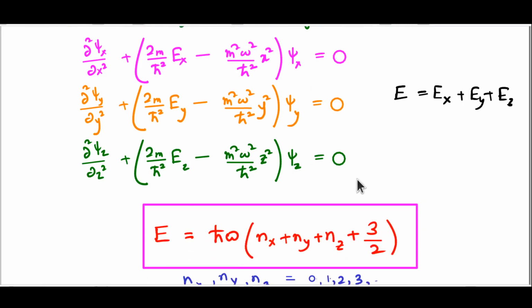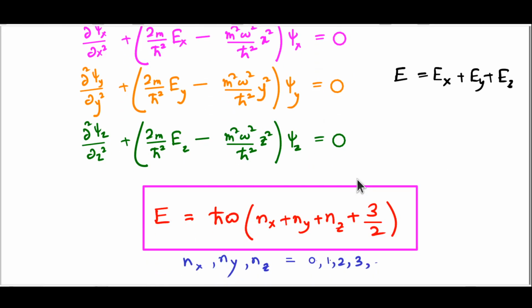This energy therefore simply works out to be h cross omega times nx plus half, plus ny plus half, plus nz plus half. Here we have just used the standard result that we know for the one-dimensional harmonic oscillator. And so the final result is, the energy for the three-dimensional harmonic oscillator is h cross omega times nx plus ny plus nz plus 3 by 2.